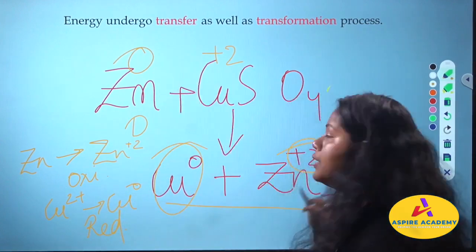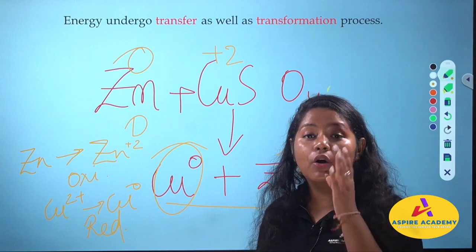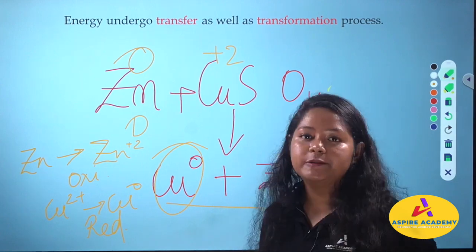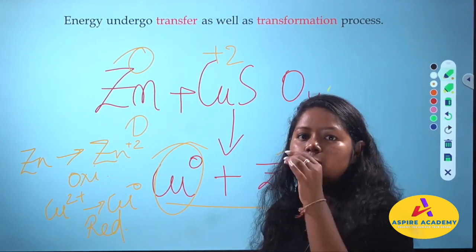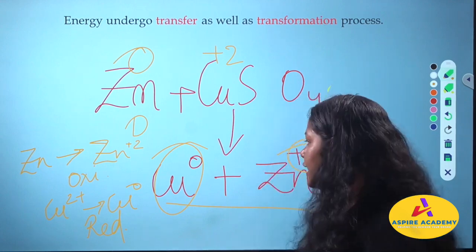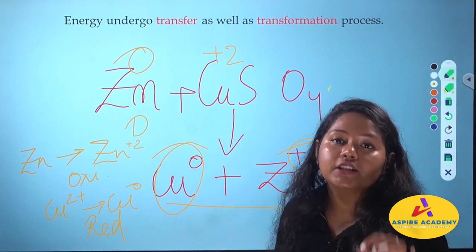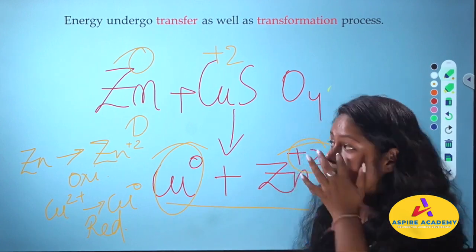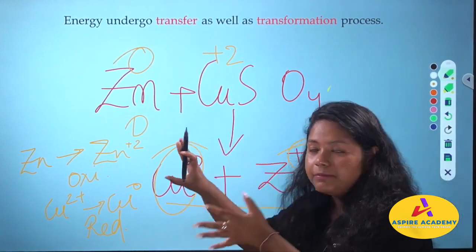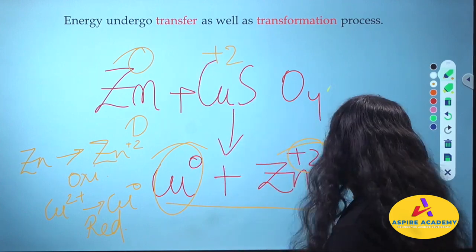When 0 to plus 2 happens, what do we say? That oxidation is taking place. Just a few minutes back I explained, 0 to plus 2 is oxidation. And copper plus 2 to 0, reduction is taking place. So oxidation is taking place here and reduction is taking place here.